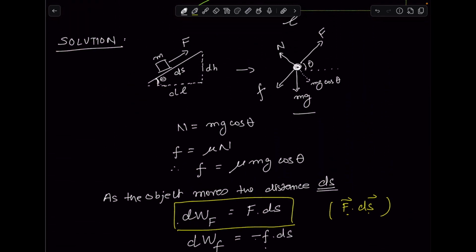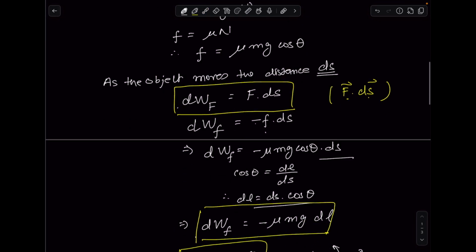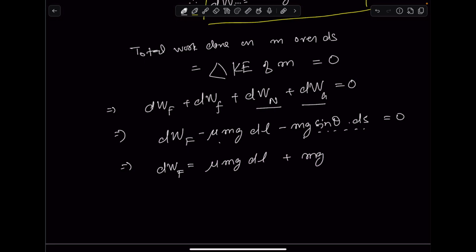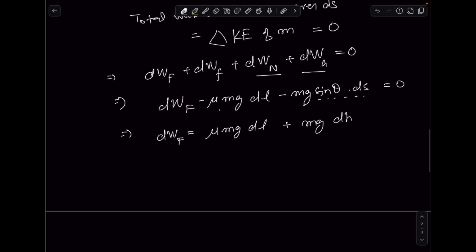From the triangle we can see that ds sine theta is actually dh. So this implies that dW_F equals, taking these two terms to the right hand side, mu mg dl plus mg dh. This looks extremely promising now.